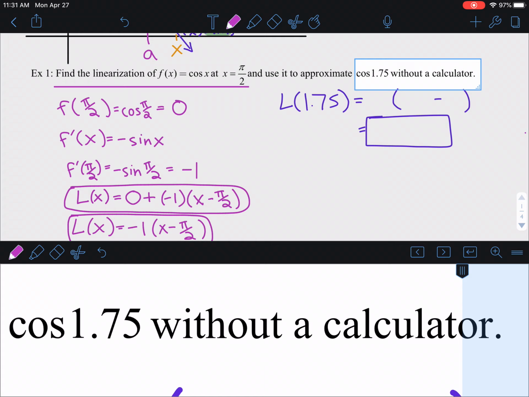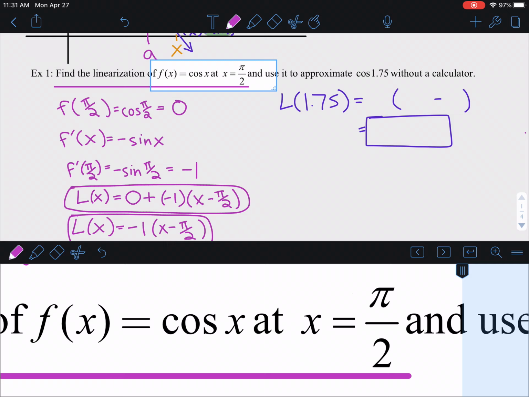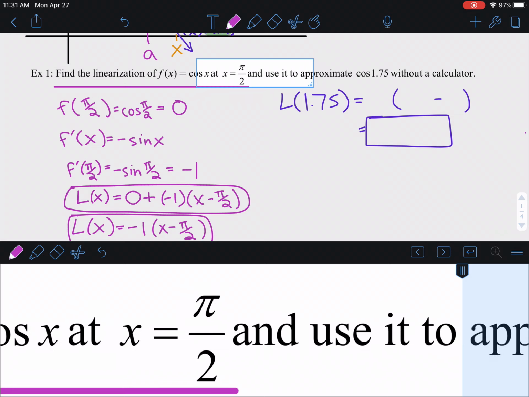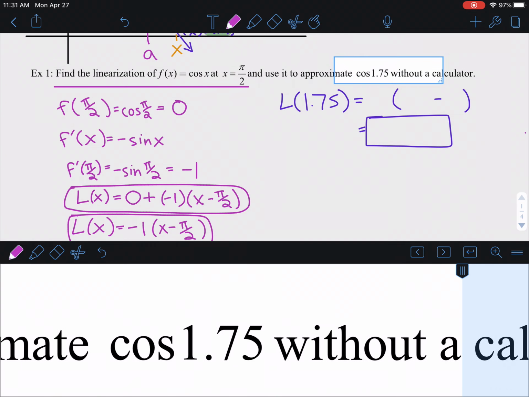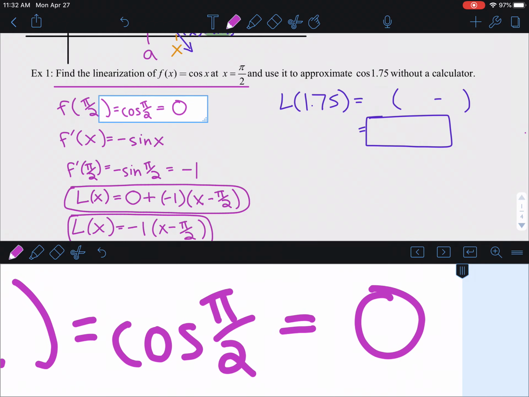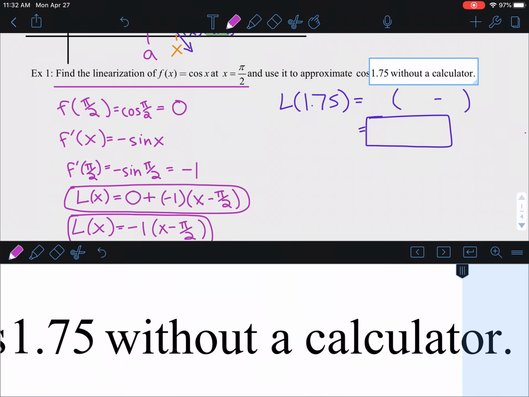Well, what we can do and what they did is you can make a tangent line at a nearby x value. Remember, pi over 2 is about 1.57, so 1.75 is not that far away. And so cosine of pi over 2, that's easy. That's a unit circle value. But cosine of 1.75 without a calculator, that's kind of tough to do.